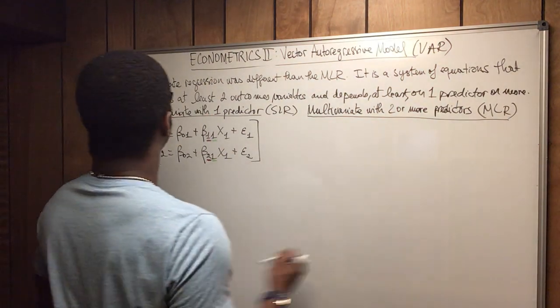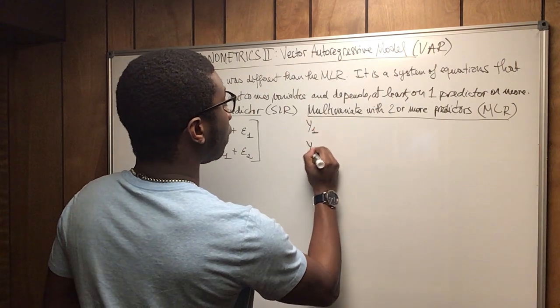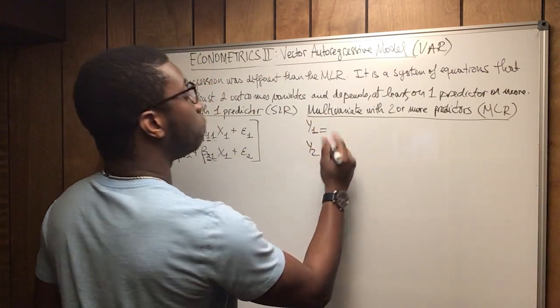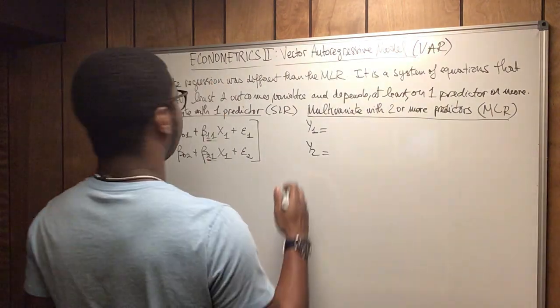So we have here y1 and y2. Always, when you deal with multivariate regression, never forget you have y1 and y2.